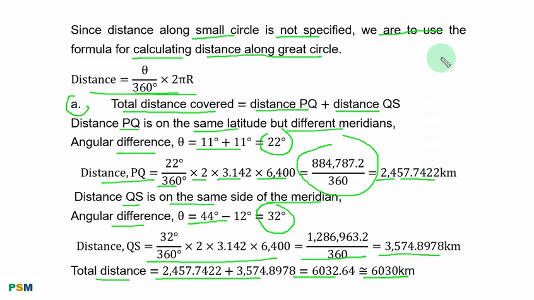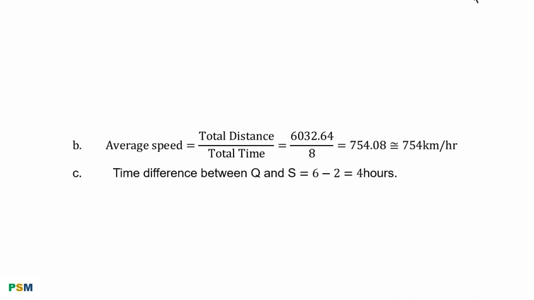6,030 kilometers. B part of the question, average speed. It is equal to total distance over total time. That is this value divided by 8, you have these results.